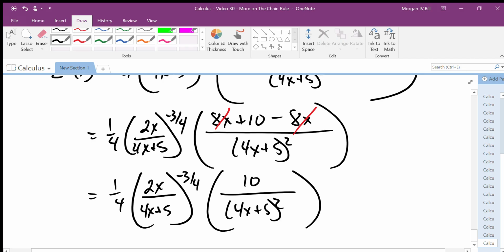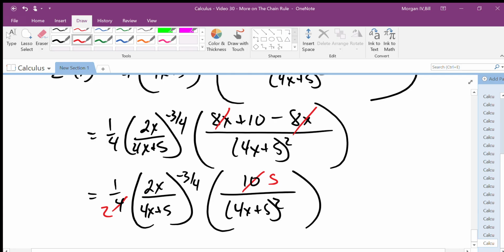Let's see. How much simplifying do we want to do? Maybe we just kind of leave it with our 10 and 4, right? 10 and 4 can both divide by 2, so I'll call that 5 and that 2 there. You could distribute this negative 3/4 exponent to the 2x and to the 4x plus 5, and then combine those.